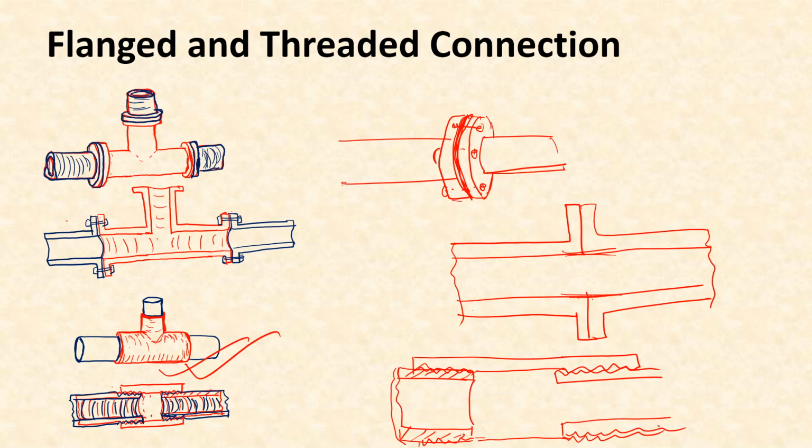Because of this kind of connection there is an obstacle, because the cross section of this pipe and the inside of this connector are not the same, and at these junctions there will be additional turbulence, and therefore head loss. Therefore, in threaded connections the value of K is generally more than that in flanged connections.